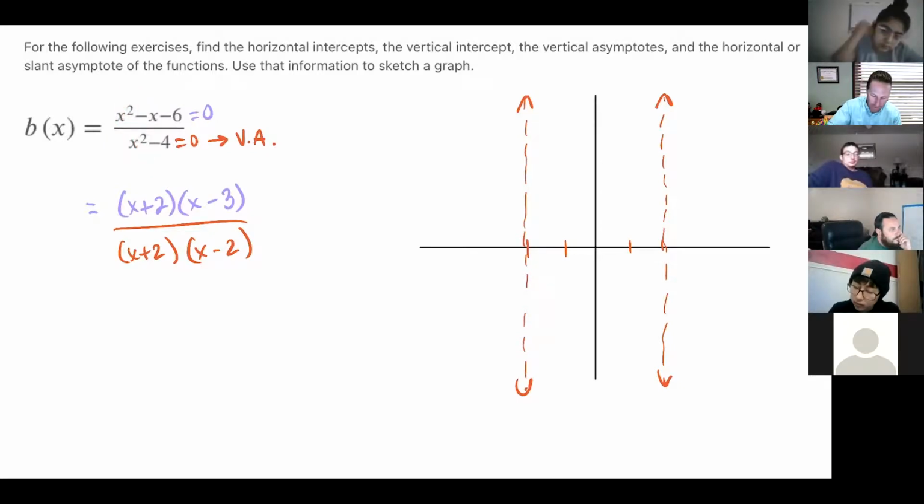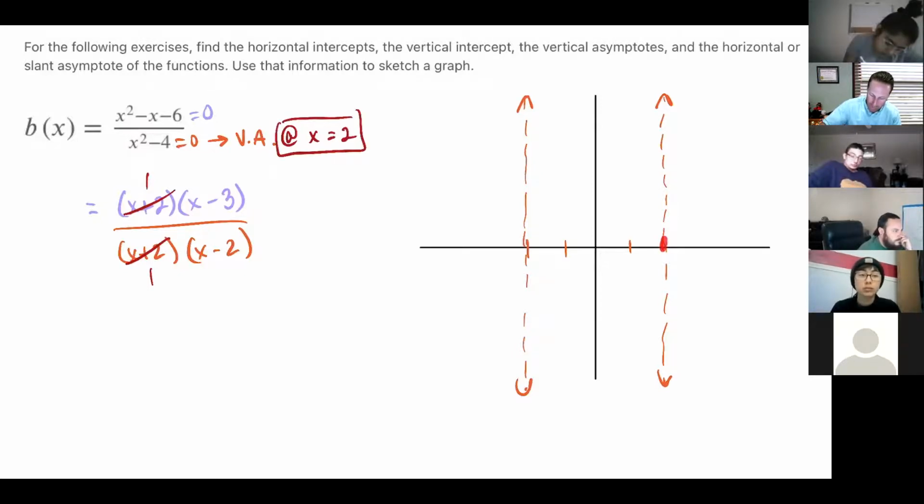Because you can see here, we actually have what is called a removable discontinuity, which means instead of just having vertical asymptotes at x equals -2 and +2, there will only be one where x is equal to 2 everywhere. Y can be whatever. Which means I'm going to have to remove this one and make it a what instead?